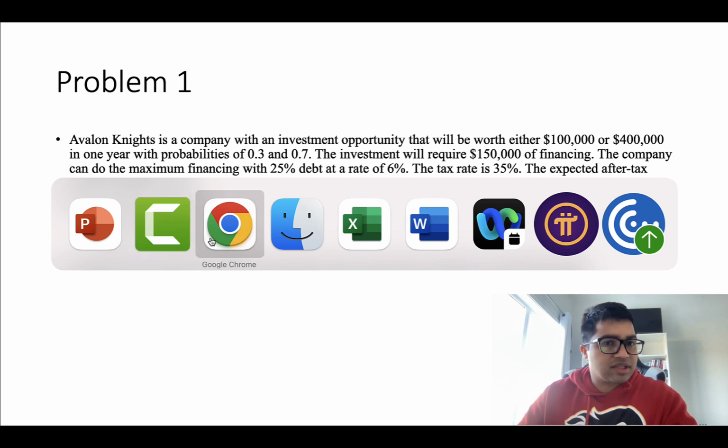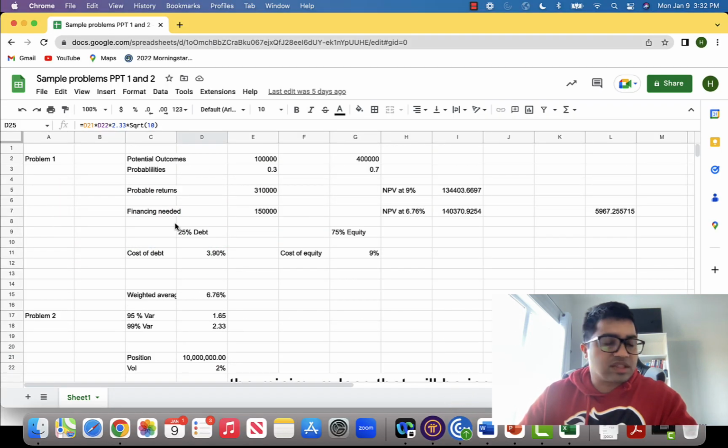So how to do this? Going to this Google Sheet, problem number 1, there are two potential outcomes. $100,000 with 30% probability, $400,000 with 70% probability. So 100,000 into 30% is one outcome, and 400,000 into 70% is the other outcome.